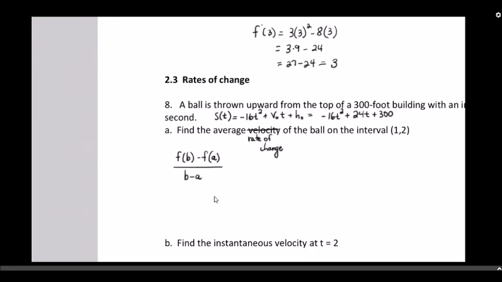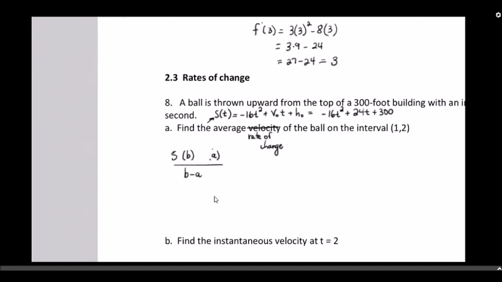We have a particular function though, and it's not f, it's s. So we can replace the f with s: s of b minus s of a.